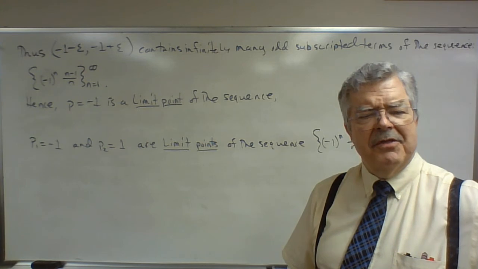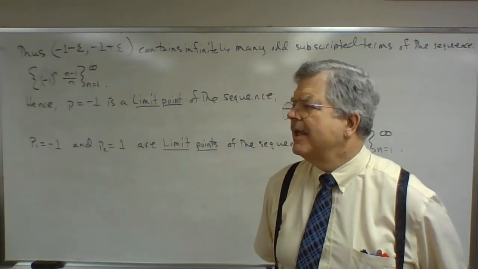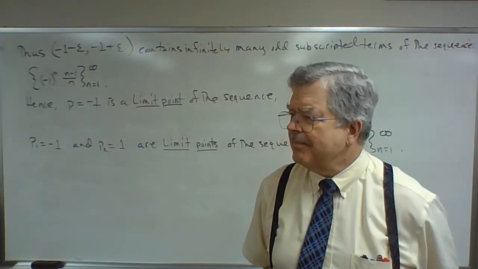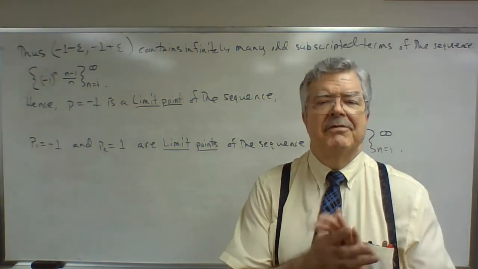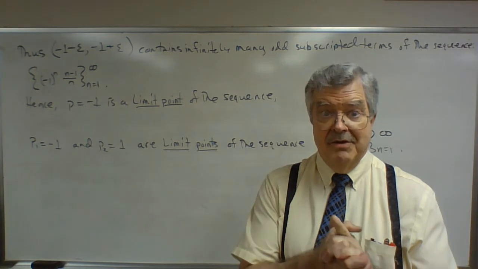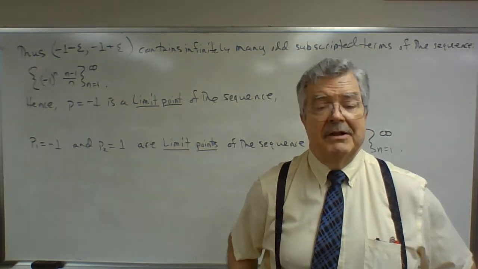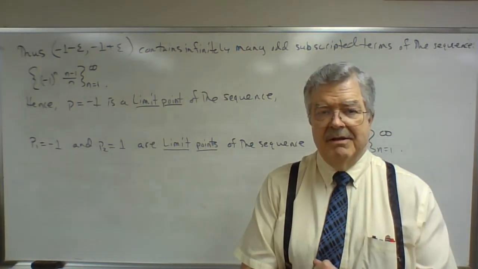Well, what's one of the things that we know about the limit of a sequence? Isn't it true that the limit of a convergent sequence is unique? Another way we can say that is the limit of a sequence, if such a limit exists, is unique.